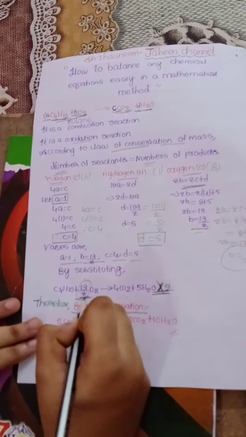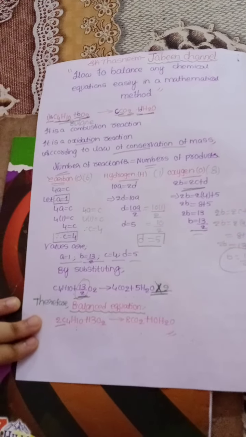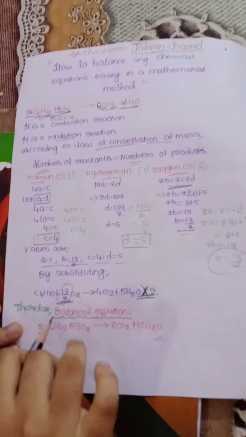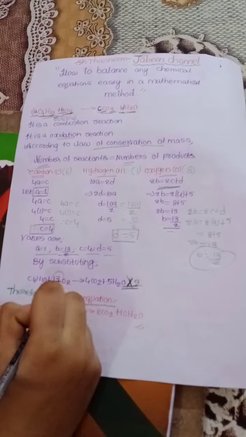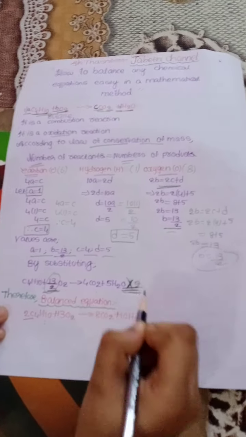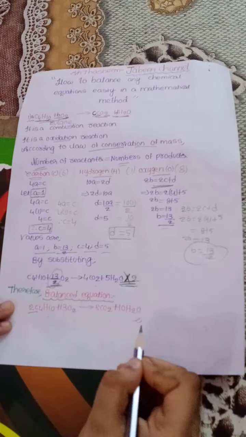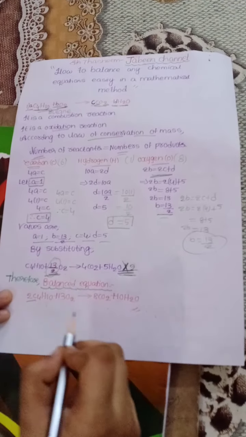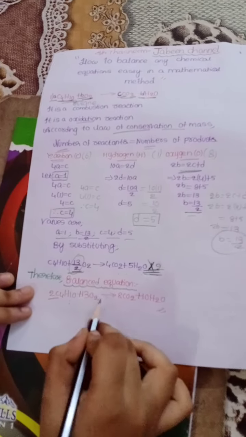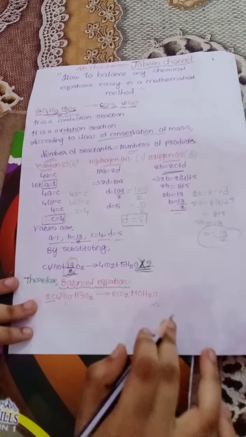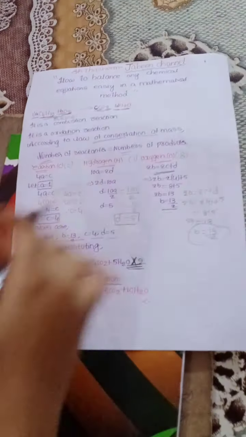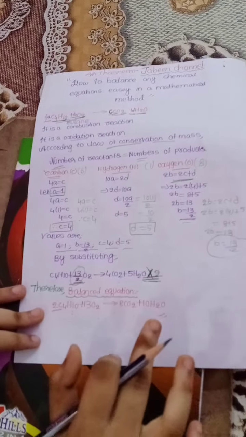The equation is in the form of fractions, so we need to convert it into a normal equation. We multiply the whole equation by 2 and finally get the balanced equation: 2 moles of butane plus 13 moles of oxygen gives rise to 8 moles of carbon dioxide plus 10 moles of water. So in this way we can balance any chemical equation easily.